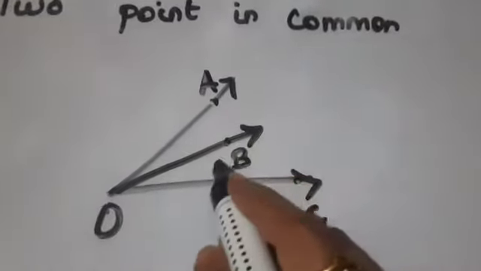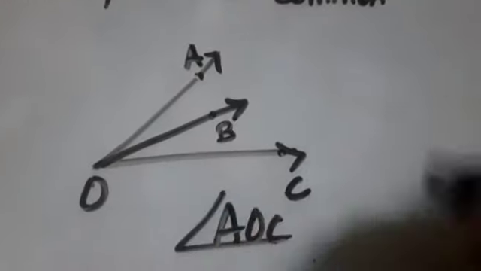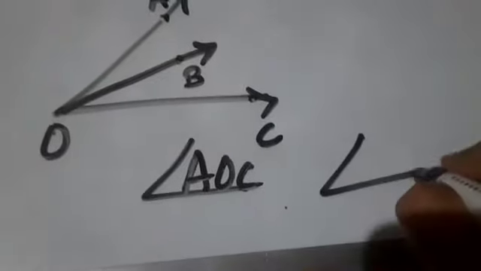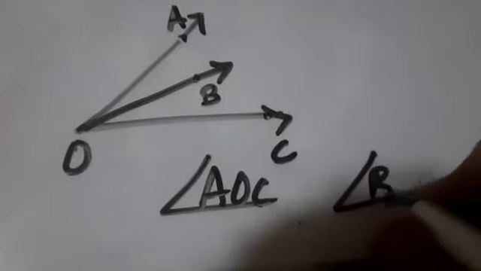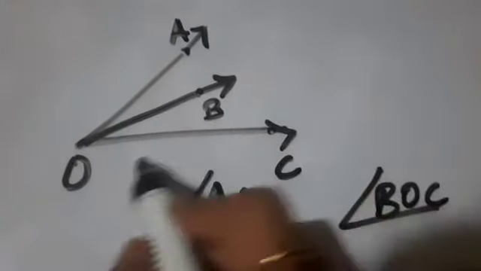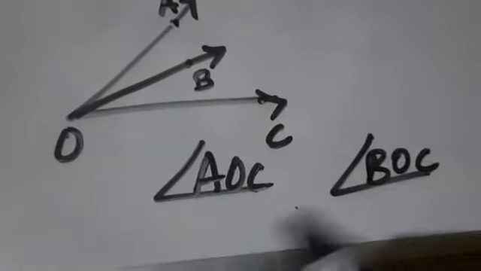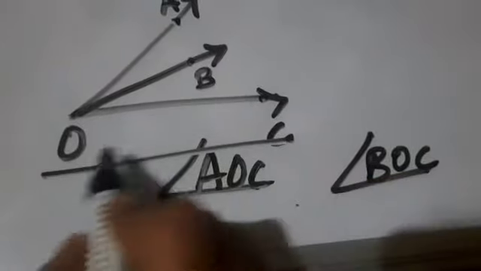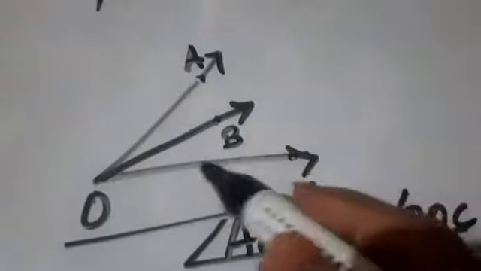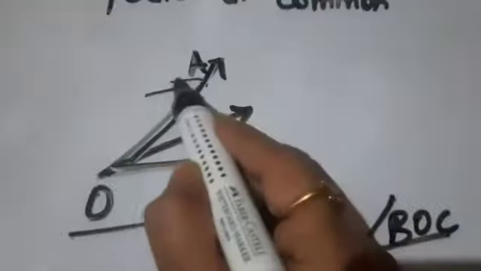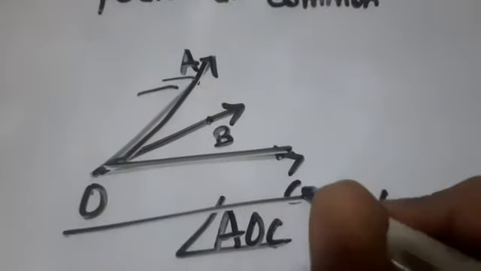Now another angle I have drawn from the vertex, and this forms the angle BOC. See here, what is common in both the angles? O and C are the 2 points which are common to both angles. Once again, students, first I have drawn an angle which I have named AOC.